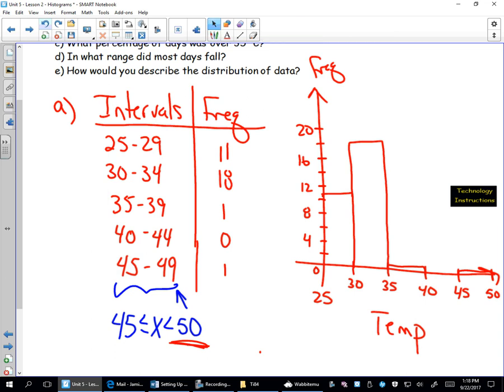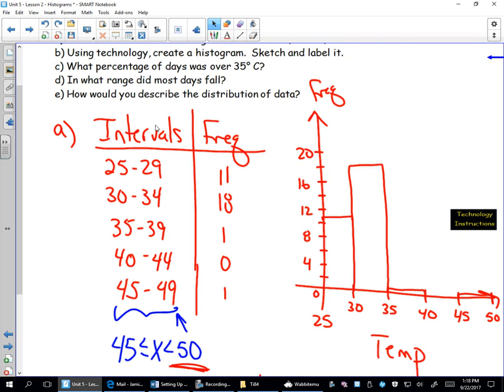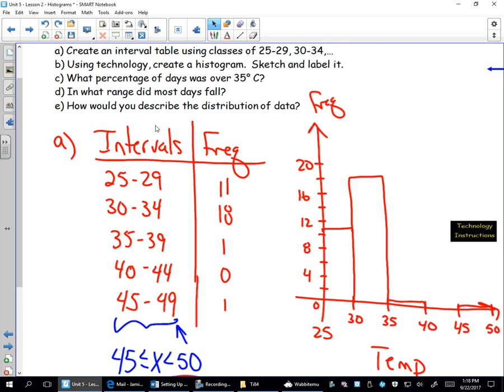Okay. Now we can answer some questions. What percentage of the days was over 35? Well, looking at my table or my graph, I can find over 35 would be these two, or over 35 is these 3 categories. So what percentage is that? It's 3 out of how many things we have altogether?